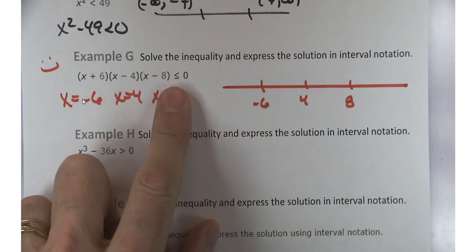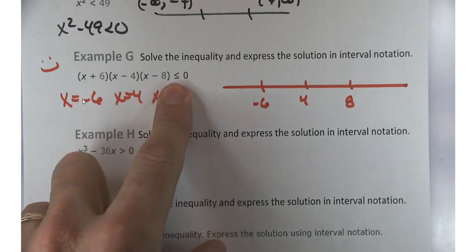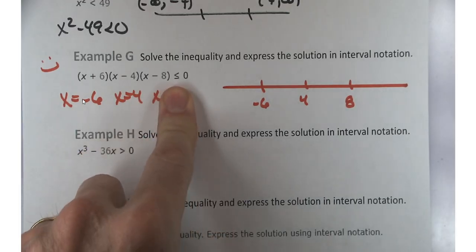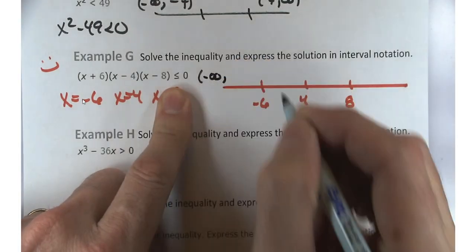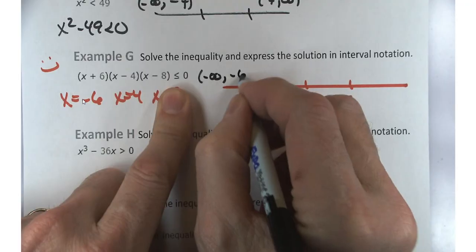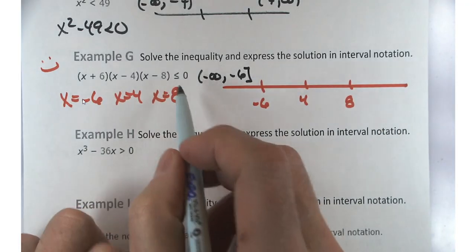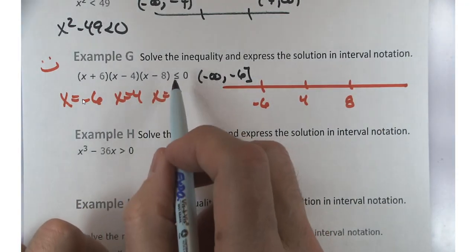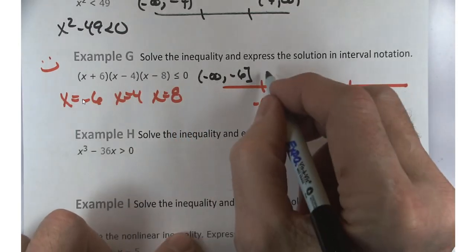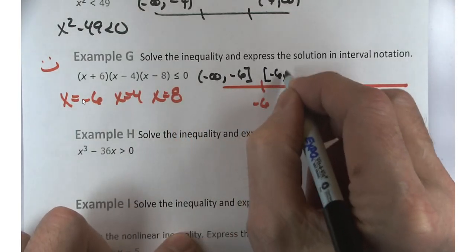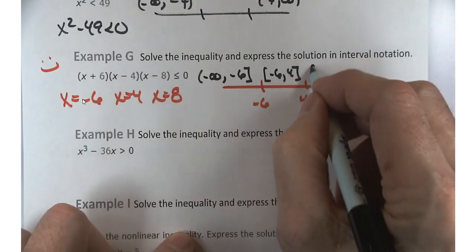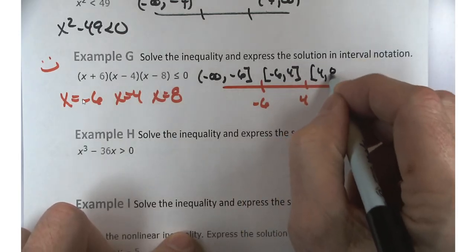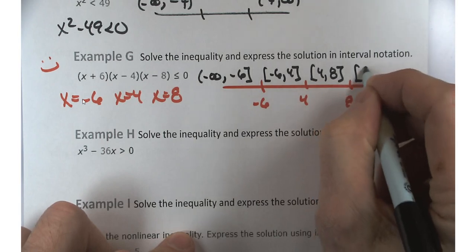One thing I want to point out is that this is a less than or equal to. So that means we can actually include the endpoints. Now, infinity gets a parenthesis, but negative 6, we can actually include that one because we want to know where this is less than or equal to 0. And then negative 6 to 4, again with brackets on both ends. 4 to 8, and 8 to infinity.